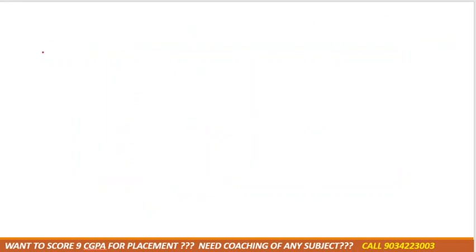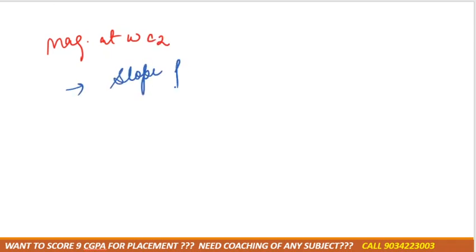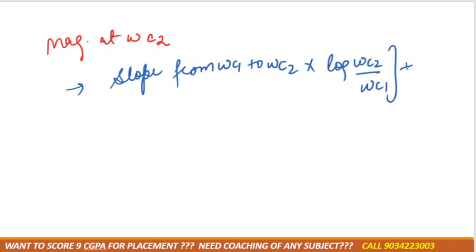Yeah. See, now we need to calculate magnitude at omega c. So its formula is, as I already told you, slope from omega c1 to omega c2 multiplied by log omega c2 by omega c1, then plus magnitude at omega c1, which we got as 30, right?